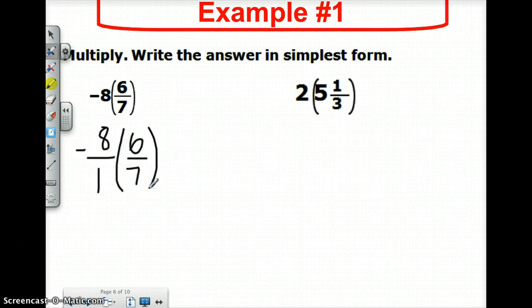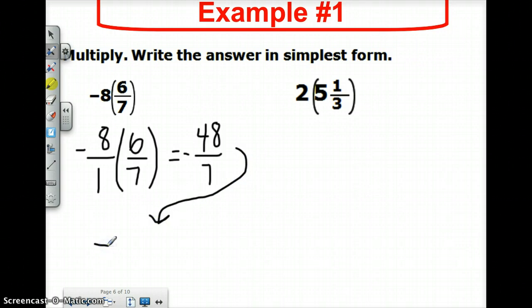Multiply your numerators. 8 times 6 is 48. 1 times 7 is 7. Now notice, I have one negative number, I have one positive number, so this fraction is negative. At this point in time, let's go ahead and write that as a mixed number.